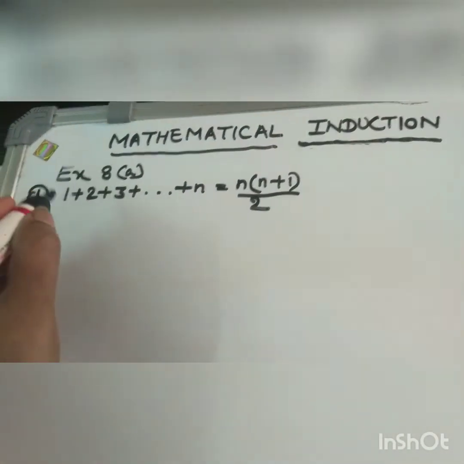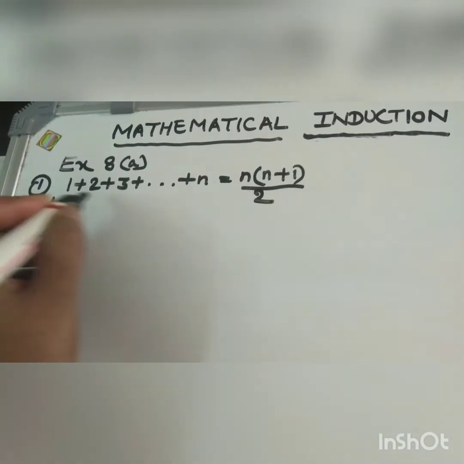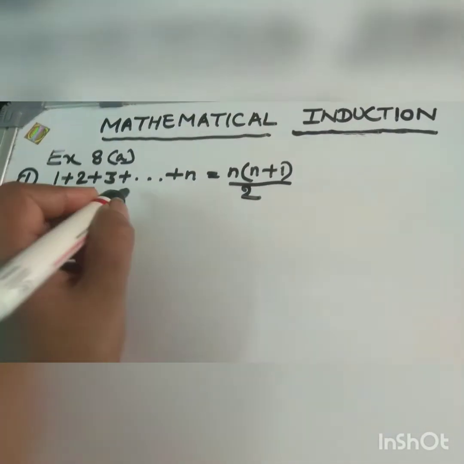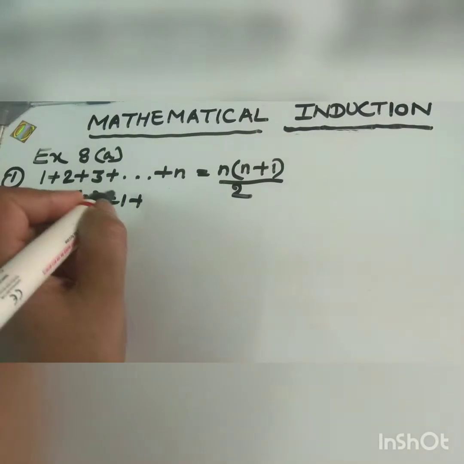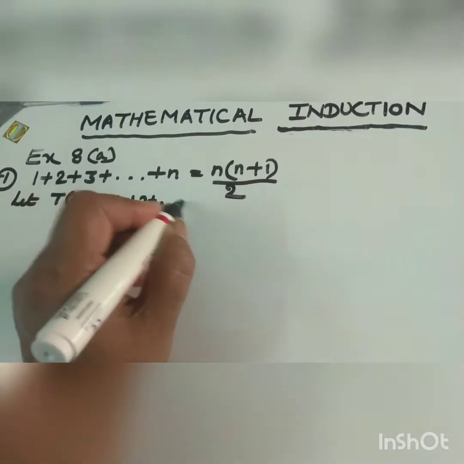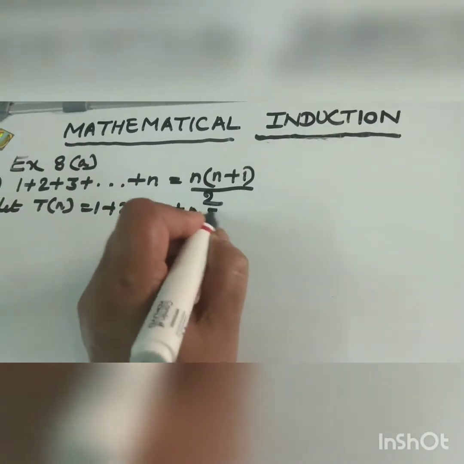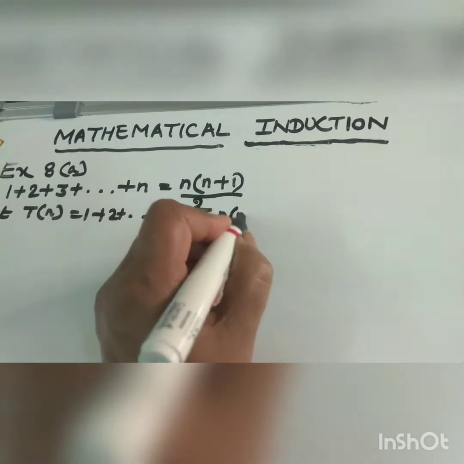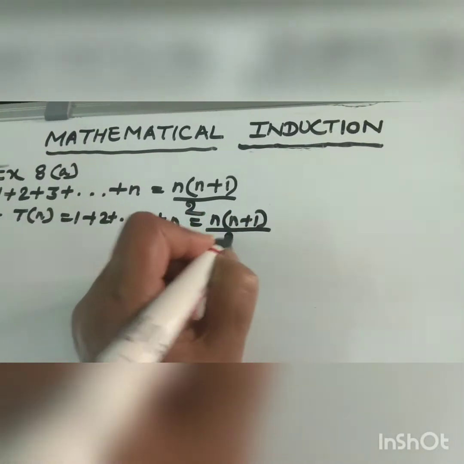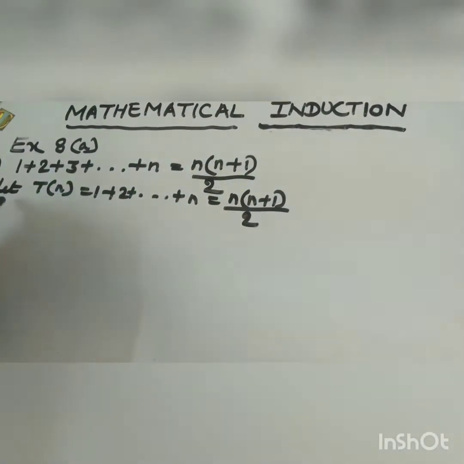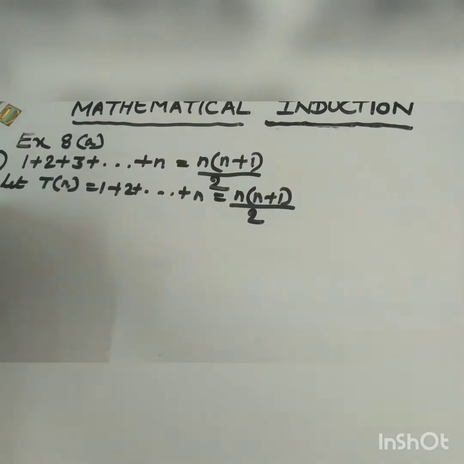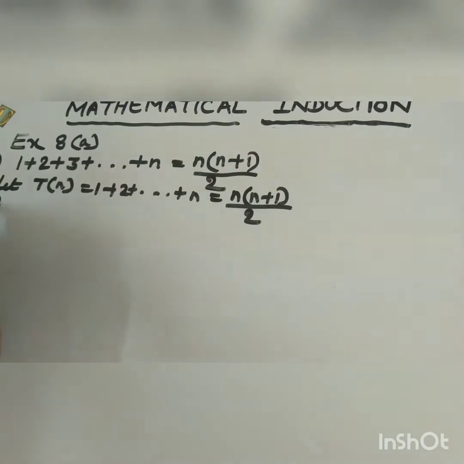Now, let Tn be 1 plus 2 plus 3 up to n equals n into n plus 1 by 2. Now, what do we do? The first step is said to be the basic step.